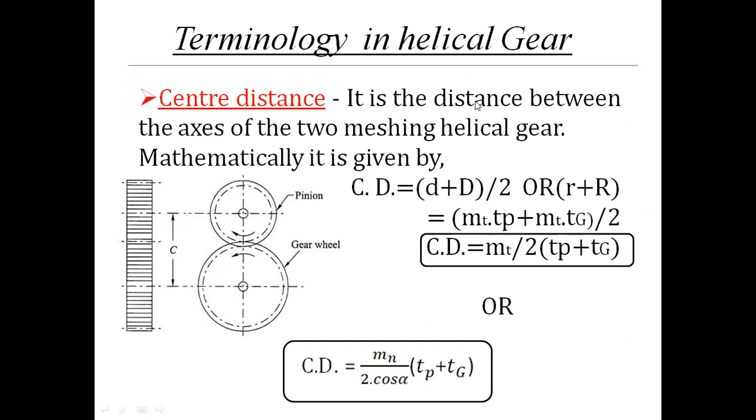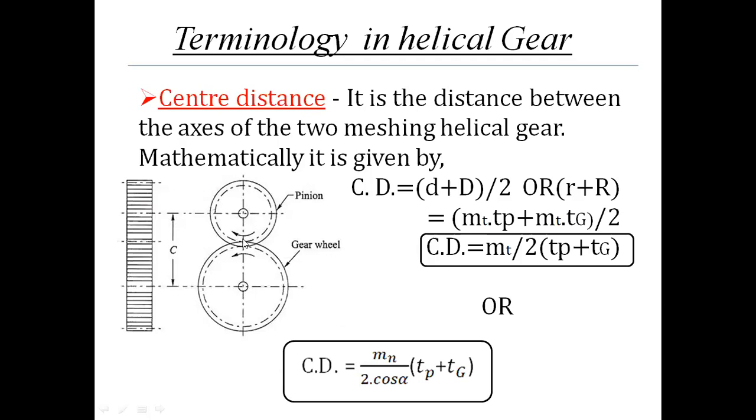Now, the next definition is center distance. It is the distance between the axes of two meshing helical gears. So C is nothing but the center to center distance of two meshing helical gears. This is the center of the helical pinion, and this is the center of the helical gear or helical wheel.